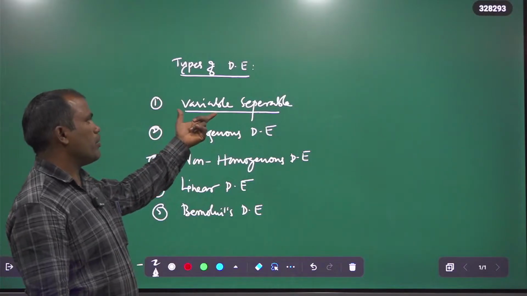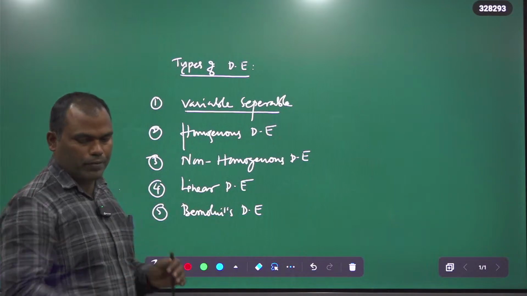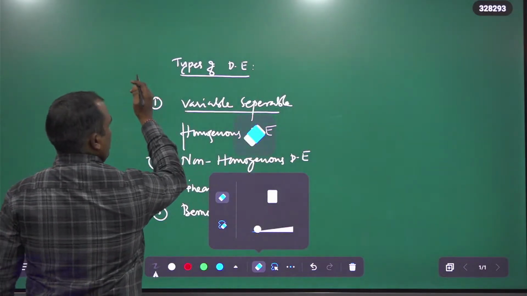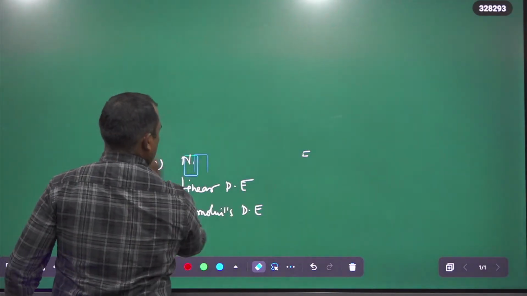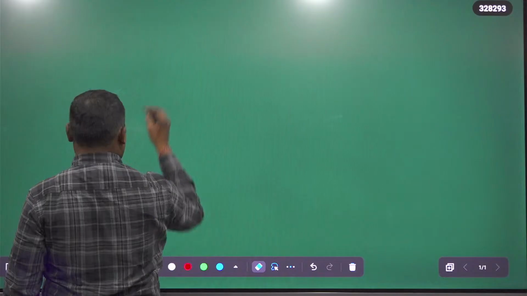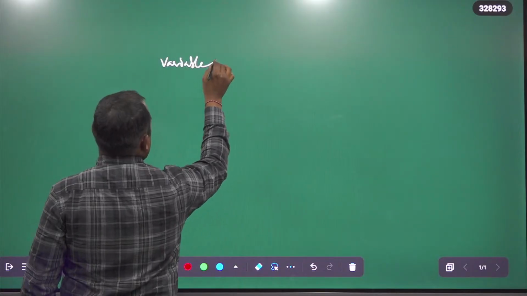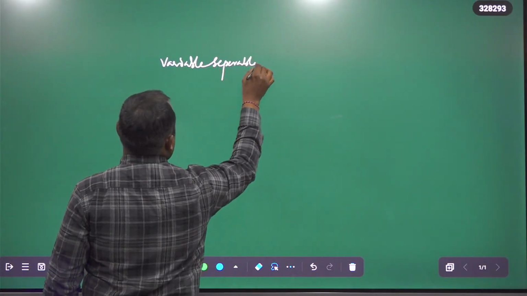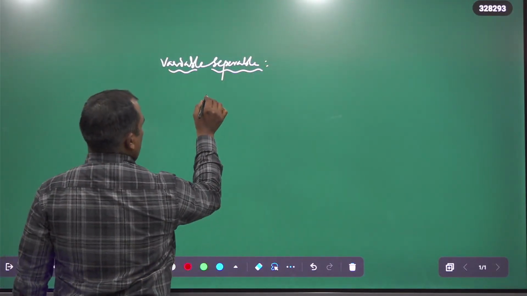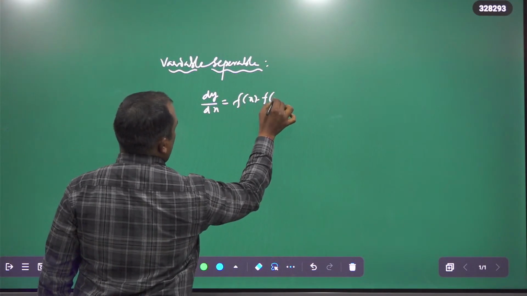Before going to the other types, first we should discuss variable separable. In variable separable, we should convert so that all x terms are together and all y terms are together. First, the variable separable definition. The general equation of variable separable is dy by dx equal to f of x into g of y.